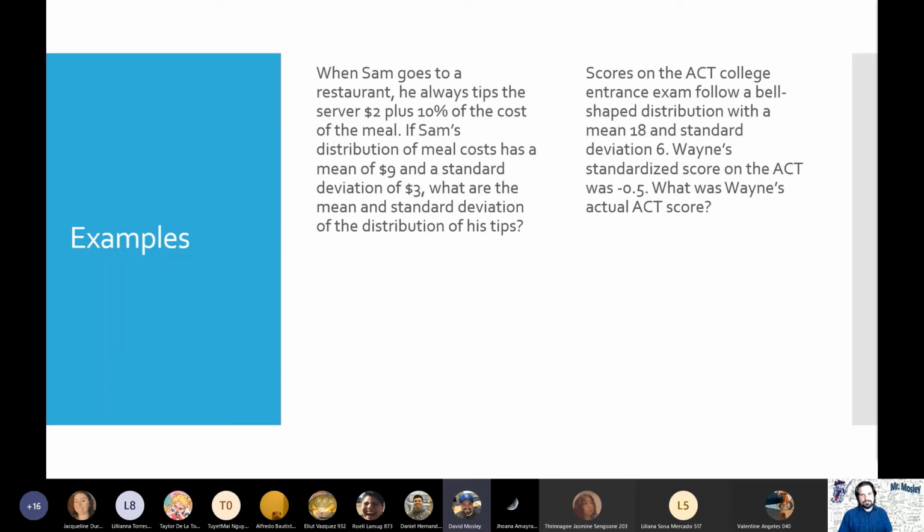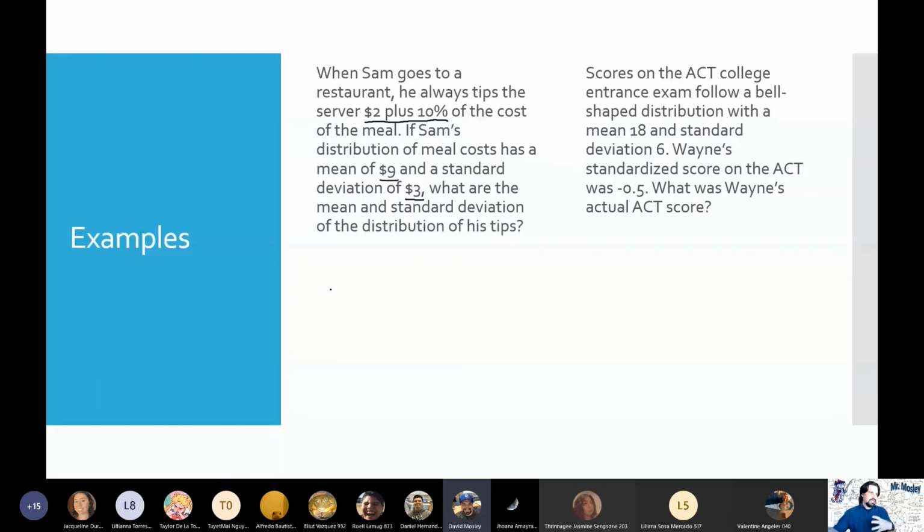So let's look at our data. All right. So we have $2 plus 10%. Got a mean of $9, standard deviation of $3.